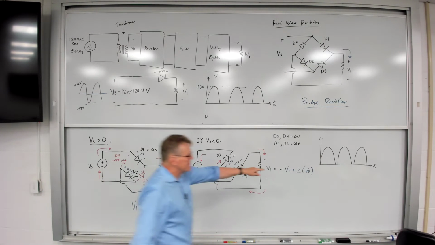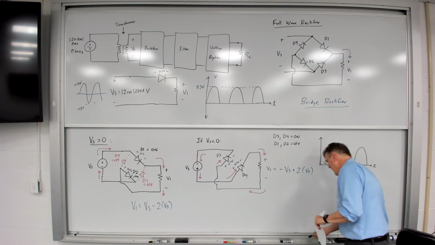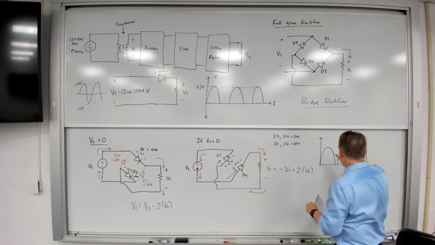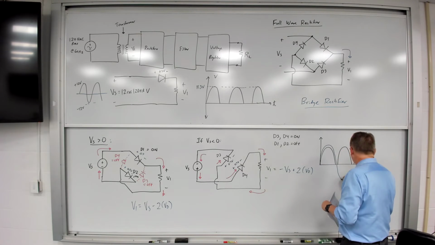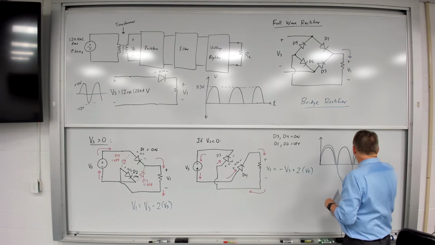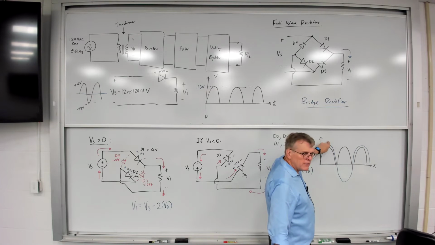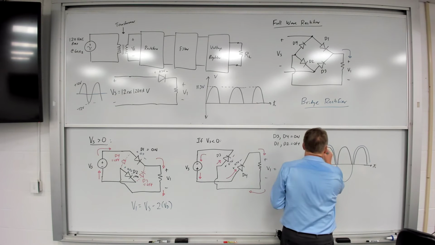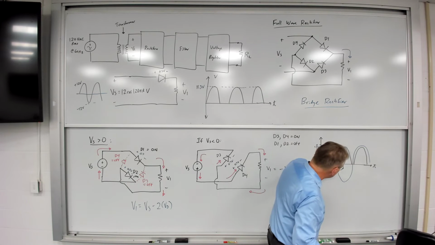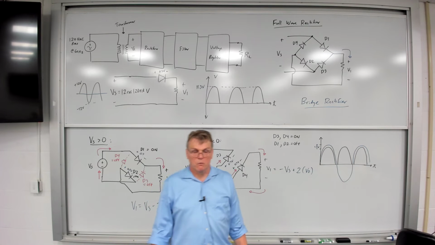So there's going to be a little bit of a dead zone where the input voltage is a little bit higher. And you're not going to see the full magnitude of the input voltage because of that 1.4 volt drop. So you'll have a little bit of a dead zone whenever Vs is within the range of plus or minus 1.4 volts.